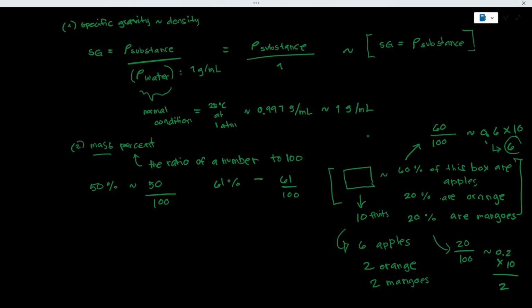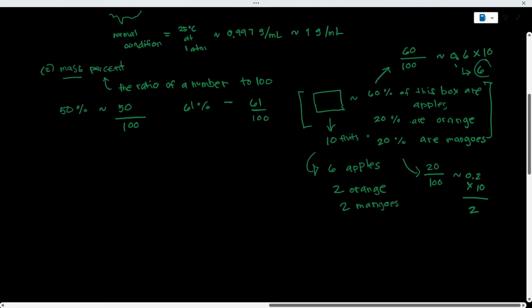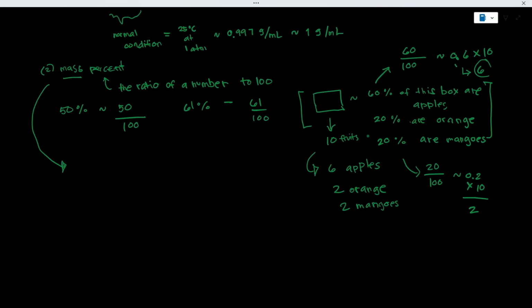But we have here mass percent, which is usually used in chemistry. So this is a real life example, but let's have a view of the units used in chemistry.